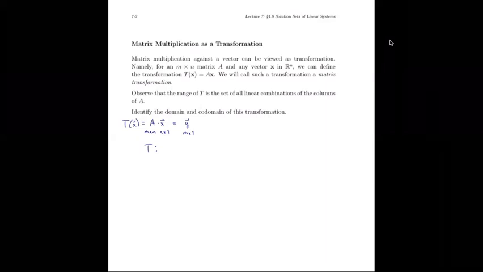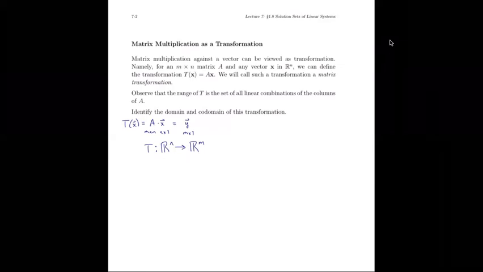So T is taking a vector x that's an n by 1 vector, in Rn, and we're getting an m by 1 vector out of the product, which means we're mapping into the space Rm. So our domain is Rn, our codomain is Rm. So that handles the last remark or question right here.